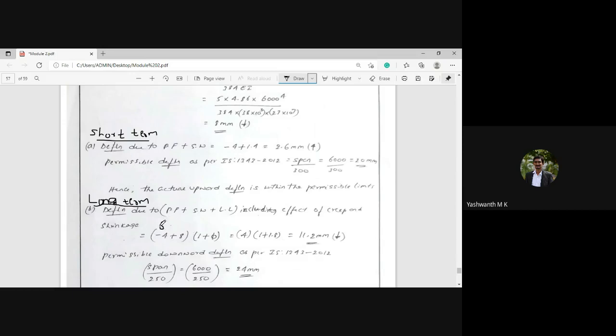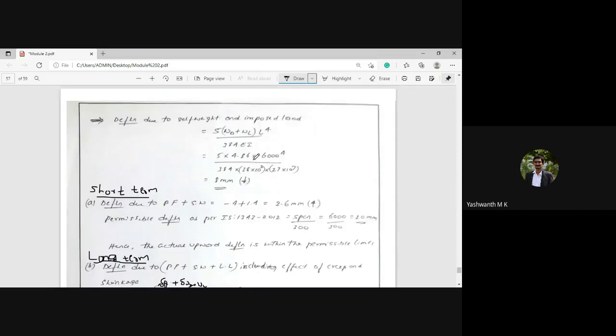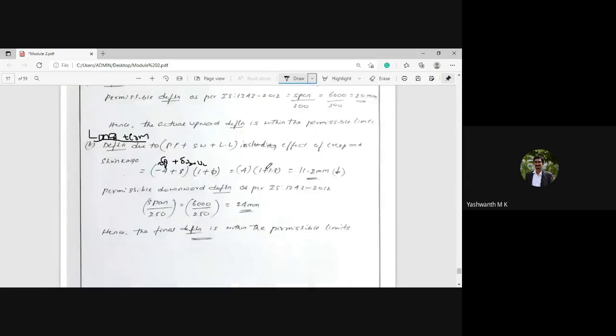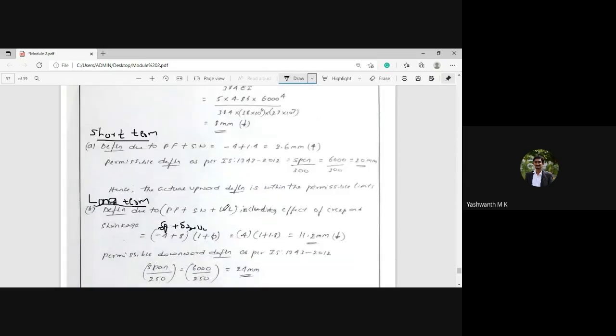deflection due to the pre-stressing force plus deflection due to the dead load and live load, considering them together as WD and WL. That is why I have considered them together. Otherwise, you can calculate separately and add. In this particular stage I need to consider self-weight and live load both, hence I have calculated together.